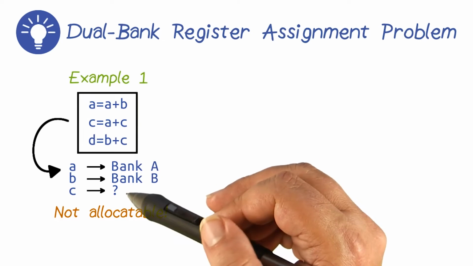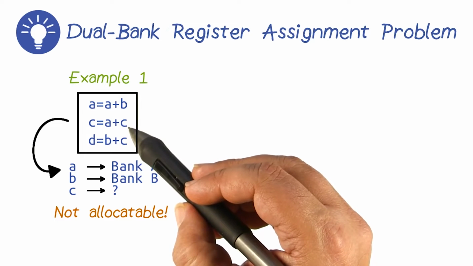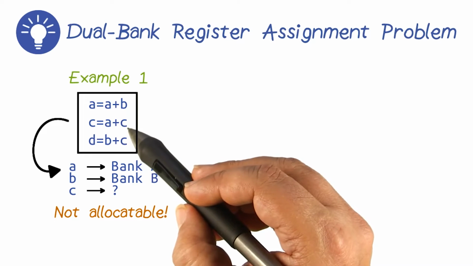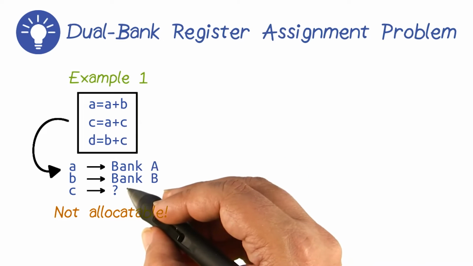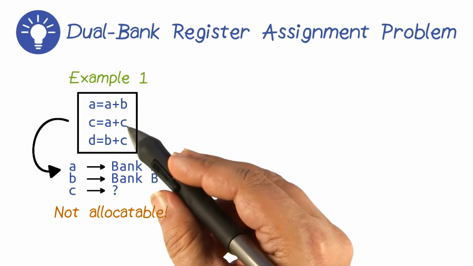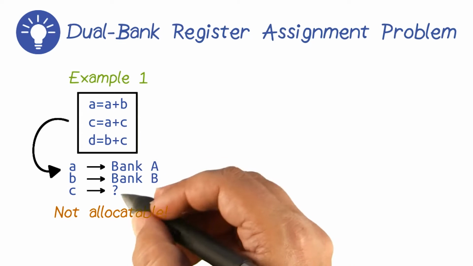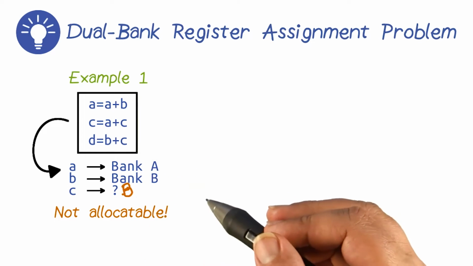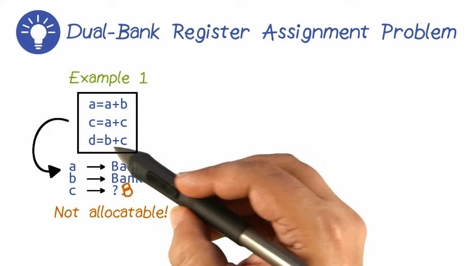Now, if we proceed further and see what should be done with C, here is where we run into a problem. In the second instruction, A is to be added with C, A plus C. A is in bank A, so the other operand C must come from a different bank, so we can say that C comes from bank B. But then if we allocate C to bank B, let's see what happens further.